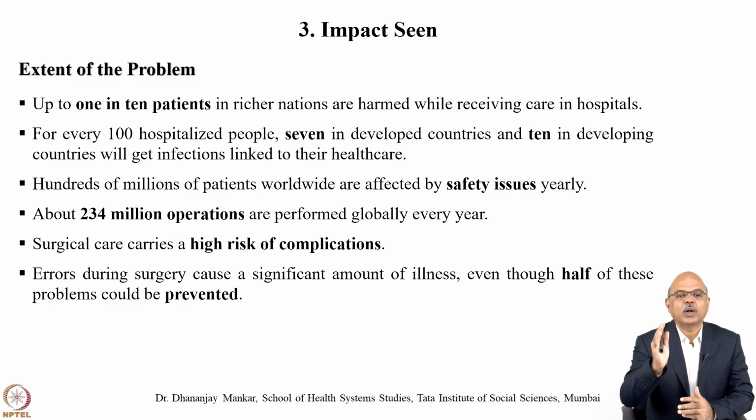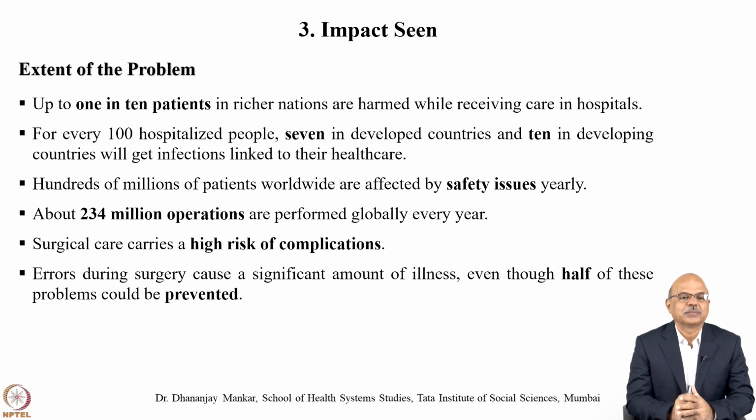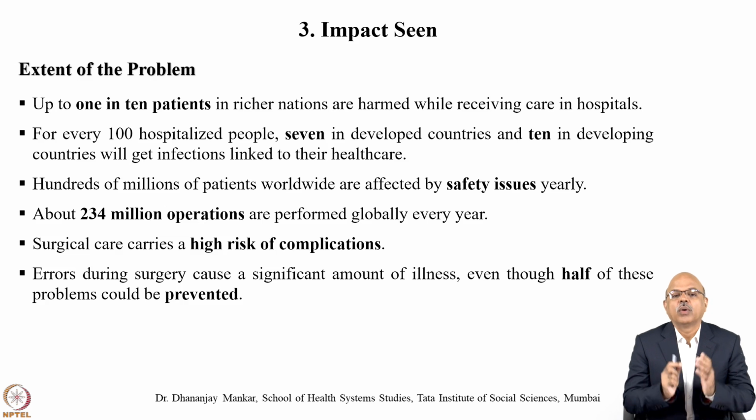For every 100 hospitalized patients, 7 in developed countries and 10 in developing countries will get an infection linked to their healthcare, and this was witnessed during COVID. Hundreds of millions of patients worldwide are affected by safety issues yearly. We see so much data of patients affected by infections only because of hospitalization.